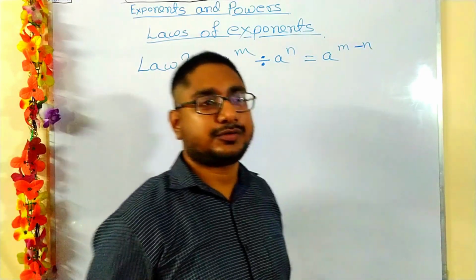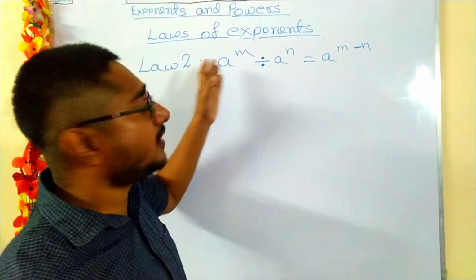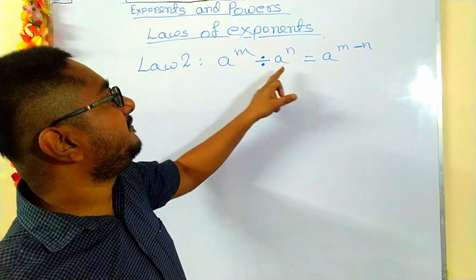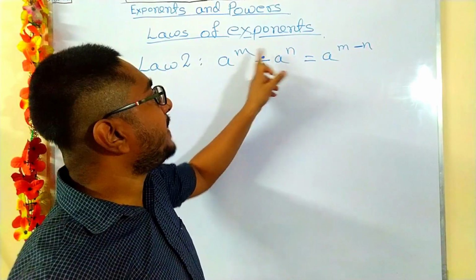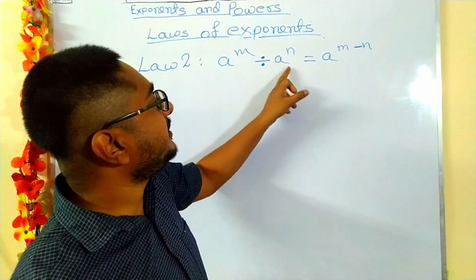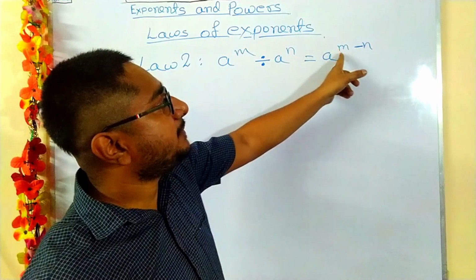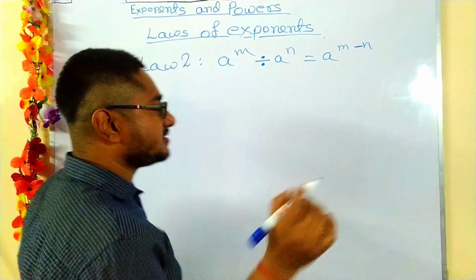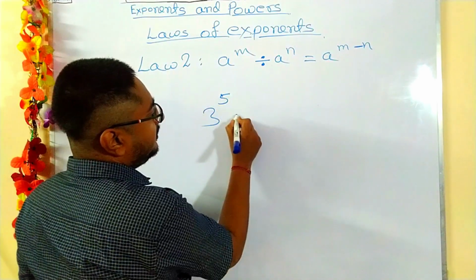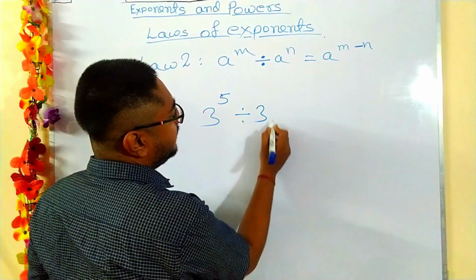Next we will go through the second law of exponents. In the second law, if the bases are the same and the powers are different, and it is division, then we take the base common and the powers get subtracted. Suppose I write 3 to the power 5 divided by 3 to the power 3.